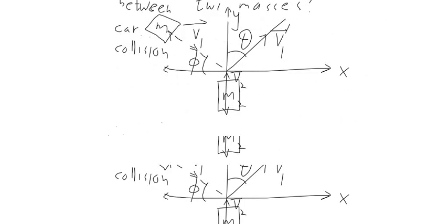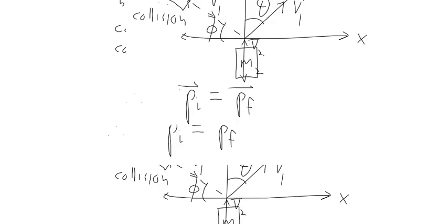So we have to state that P initial is equal to P final. Then on the left-hand side, this is the sum of all the momenta, because this is in reality saying P initial total, same as P final total. That might be better notation.